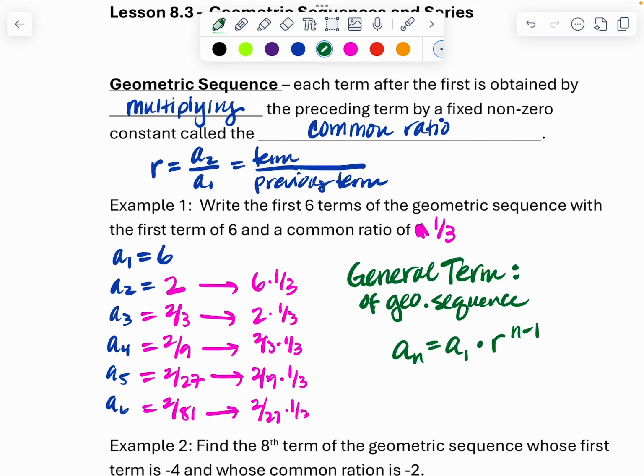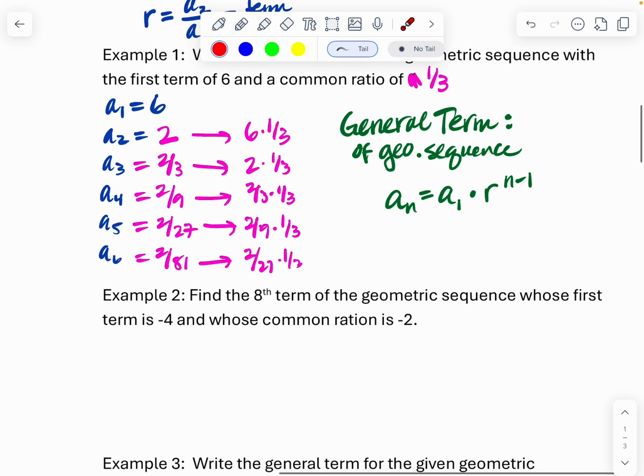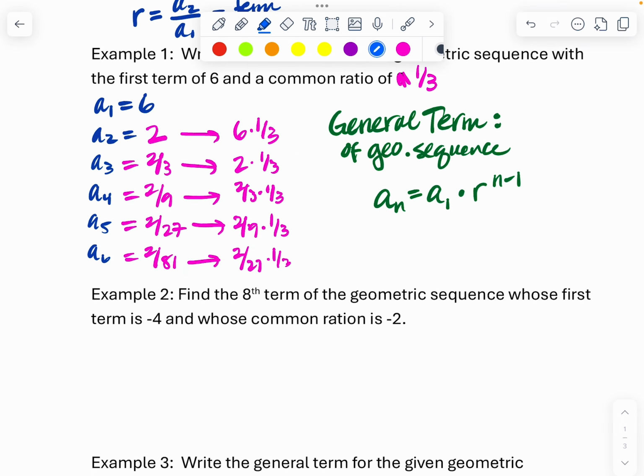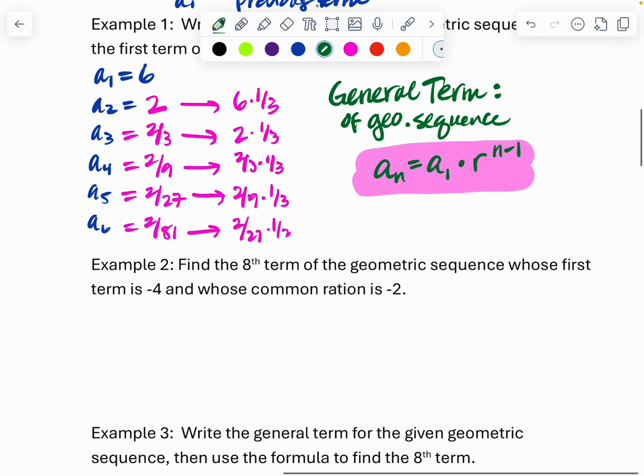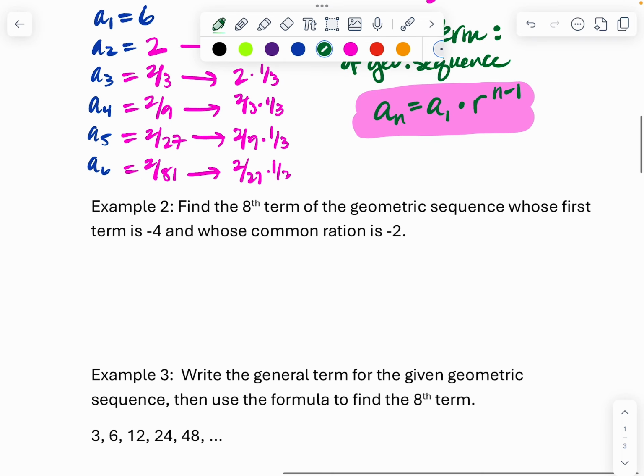You start with the first term, and then multiply by your ratio however many times to get to the nth term. I'm going to highlight that because it's an important formula, something you might write down on a note card when we take our exam.